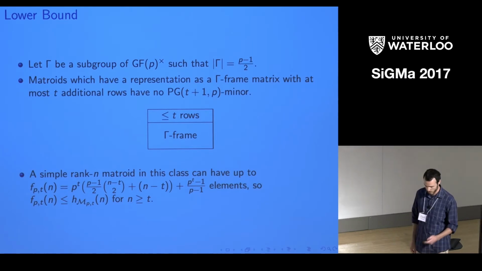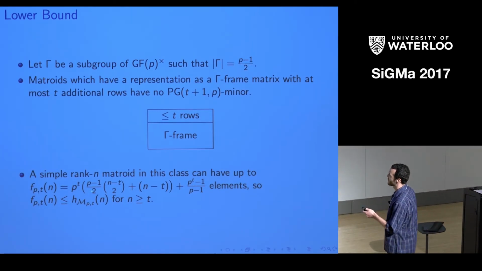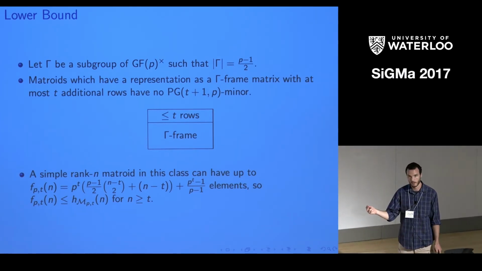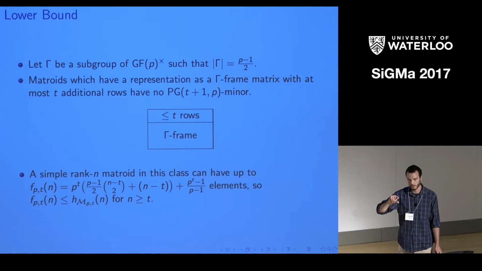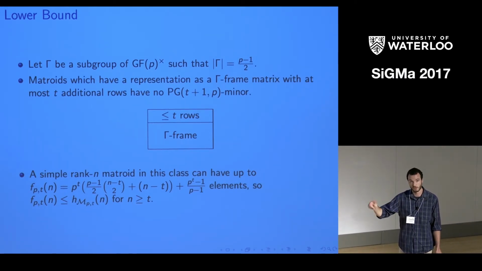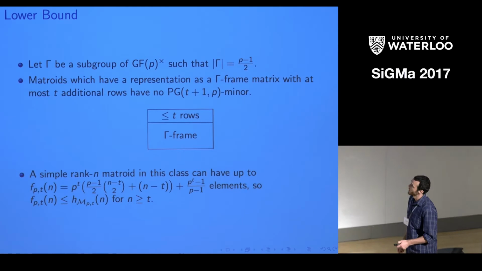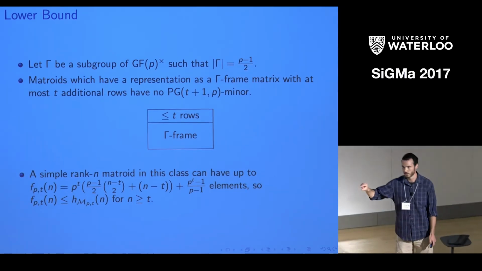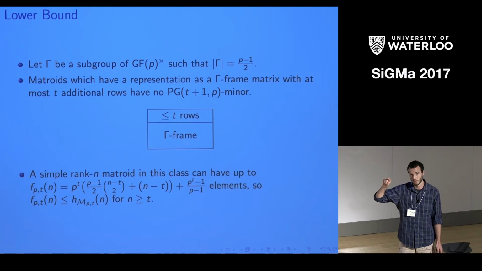So, okay, in the parentheses here, this is the maximum possible number of columns that a gamma frame matrix with n minus t rows can have, such that no two are parallel. And then we have this p to the t here, because we are pairing each such column with every possible length t vector.